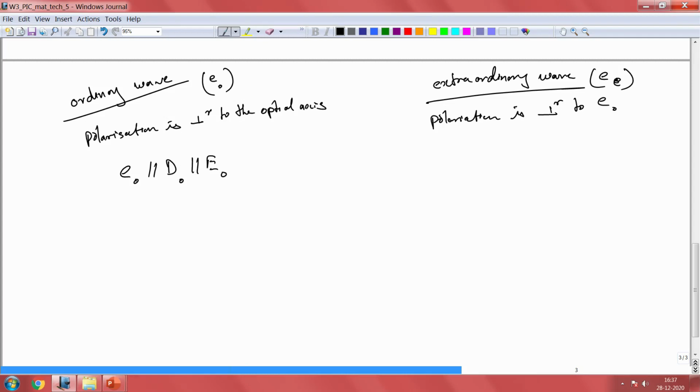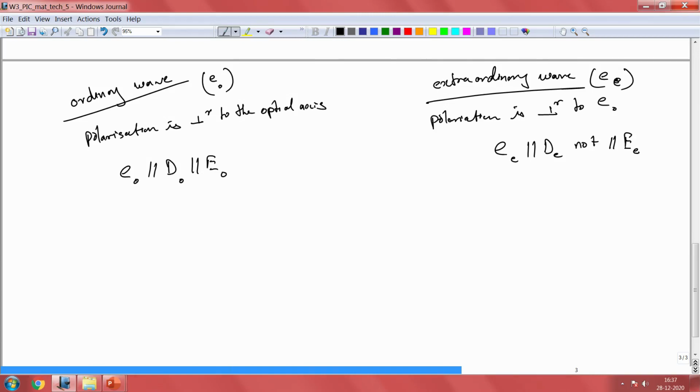So, for an extraordinary wave, your E E will be parallel to D E, but not parallel to E E, right. So, this is something that you should try to understand.